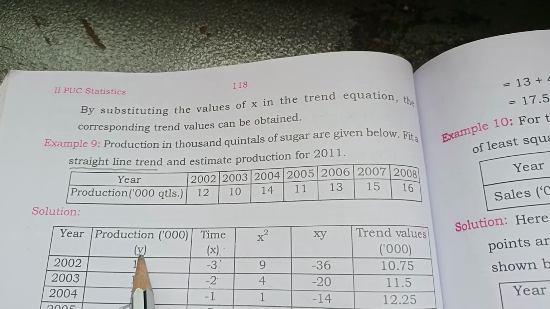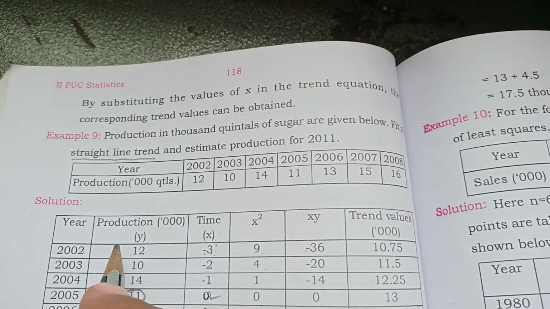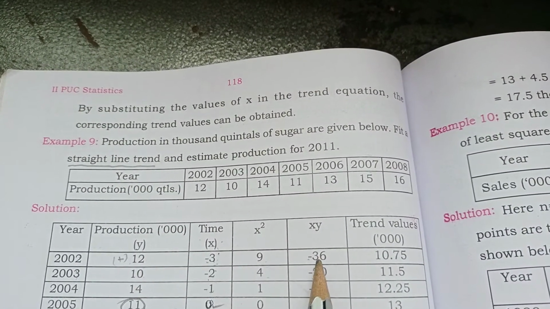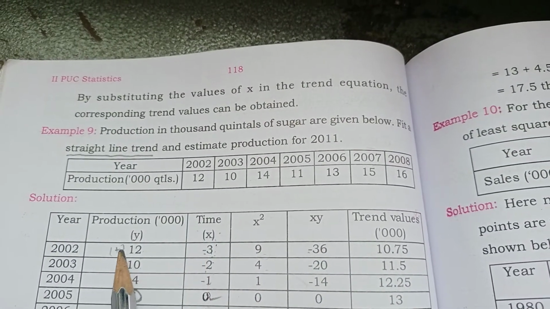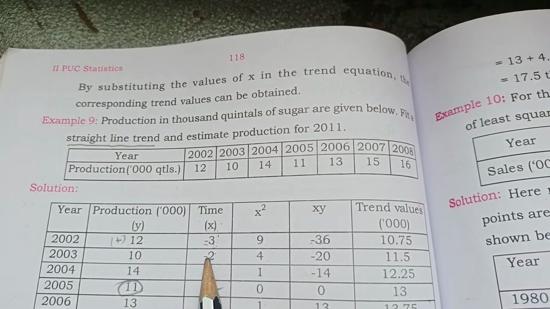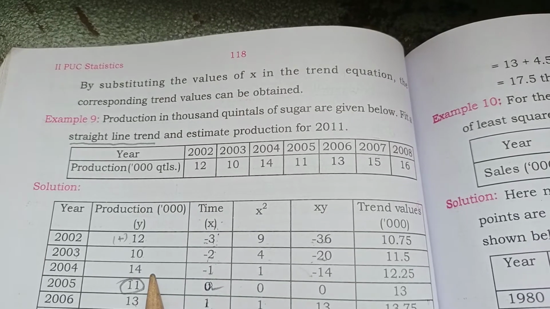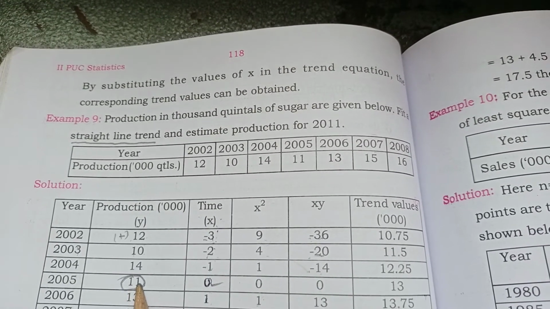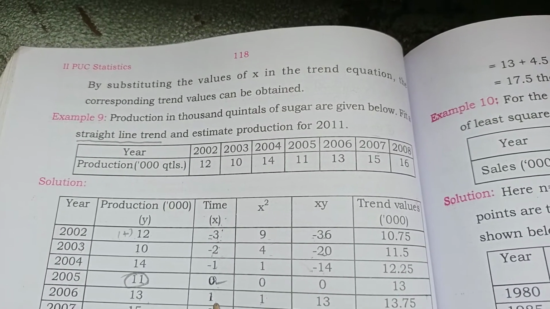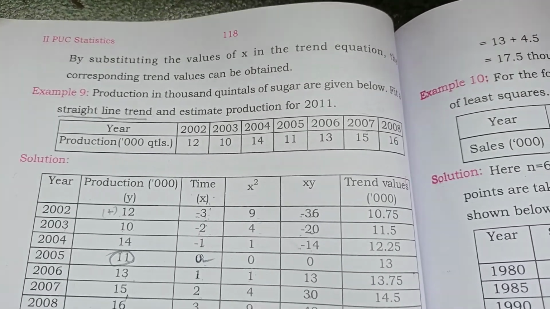Here the x is there, here the y is there, so plus into minus is minus, 12 into 3 is 36, plus into minus is minus, 12 into 3 is 36, again plus into minus is minus, 12 into 2 is 20, plus into minus is minus, 14 into 1 is 14, 11 into 0 is 0, 13 into 1 is 13, 15 into 2 is 30, 16 into 3 is 48.